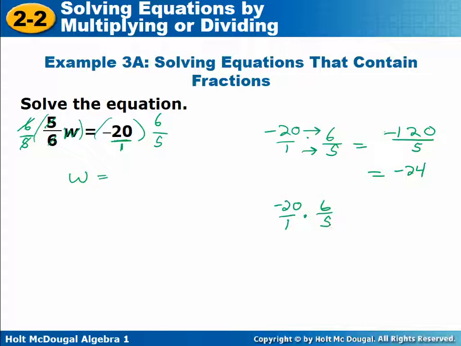So I can think to myself, 5 divided by 5 is 1. 20, or negative 20, divided by 5 would be negative 4. So I'm simplifying, I'm canceling before multiplying. And then on the denominators, you just have 1 times 1. You don't have to write that. In the numerators, you have negative 4 times 6 is negative 24. So either way, we're going to get negative 24 for our answer.